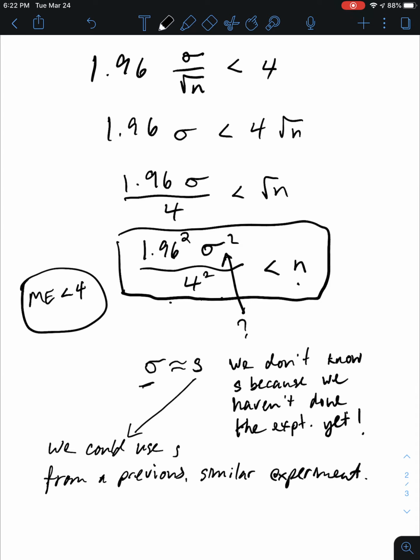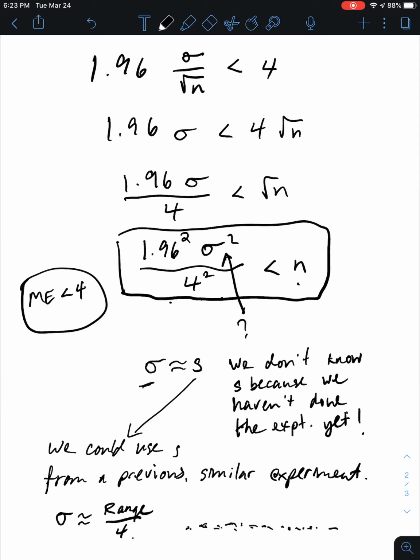And there's one other thing that we can do. Remember that sigma is approximately the range divided by 4, and this number 4 can change depending on the size of the population. So that is another really rough way to approximate sigma. Take the range of all previous measurements that we've ever seen.